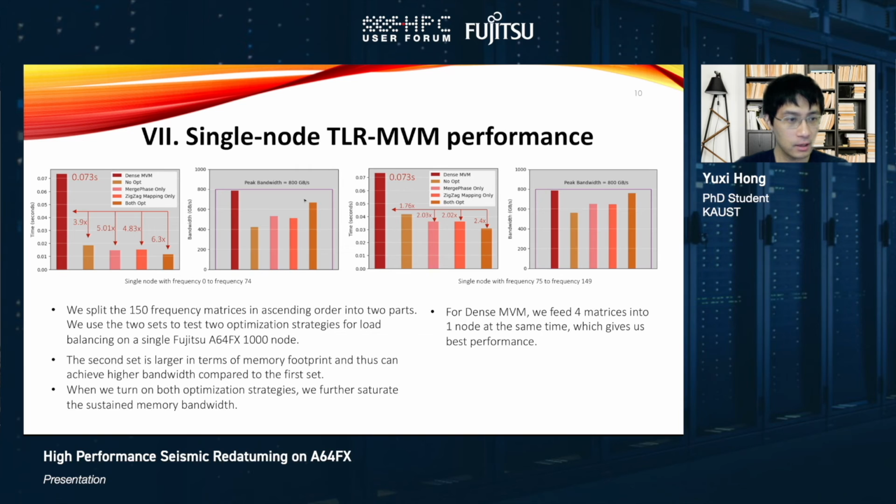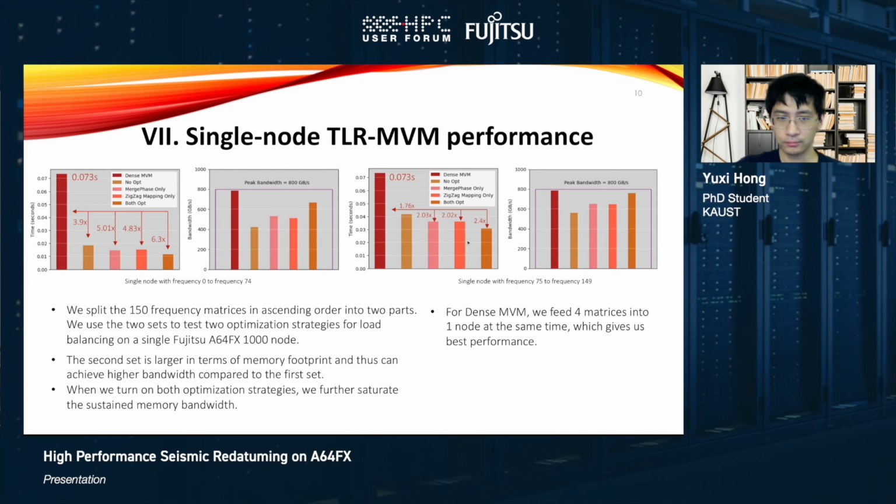This is the time and bandwidth result for the first half, and we use four types of TR NVM, which enable merge phase, or enable the zigzag mapping, or both enabled, and we compare with the dense NVM. The best one, with both optimizations on, gave us 6.3 times acceleration, while in the second half, the best one gave us 2.4 times acceleration.